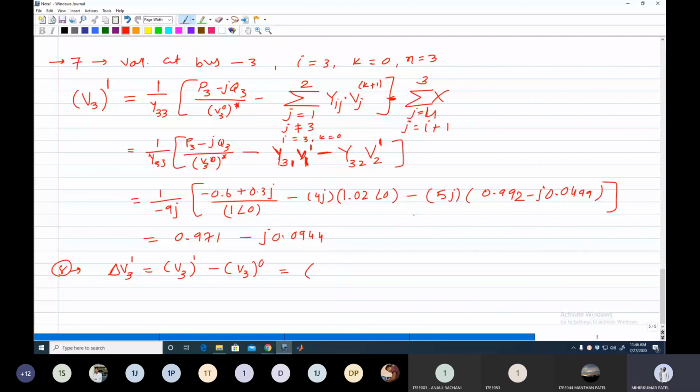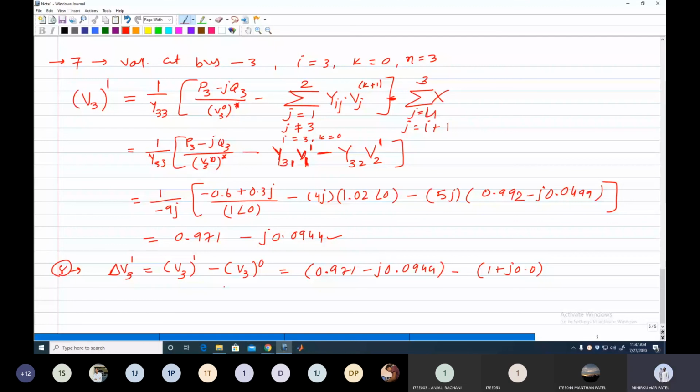V3 1, which you have calculated over here, is 0.971 minus j 0.0944 minus, what is the value of V30? 1 angle 0, 1 plus j0. Okay, good.